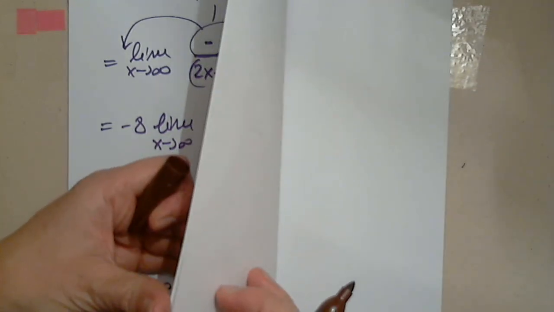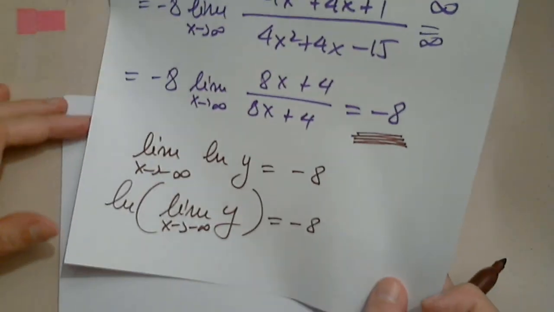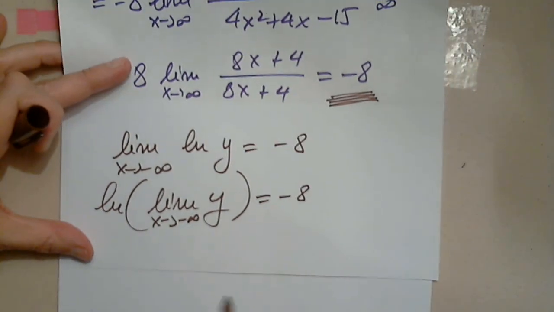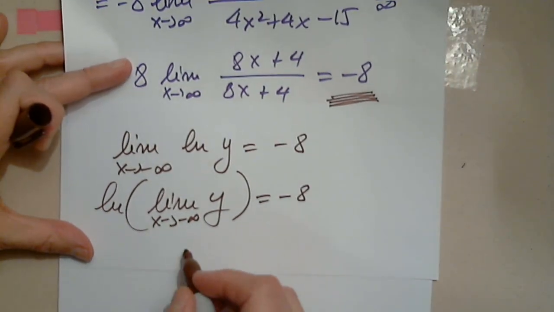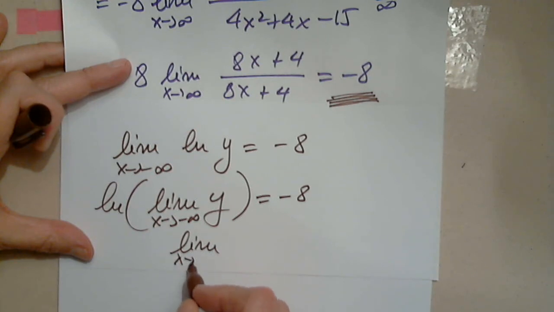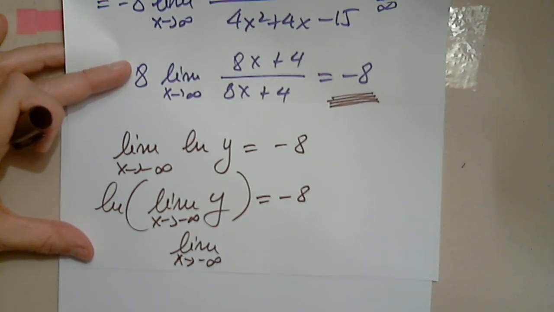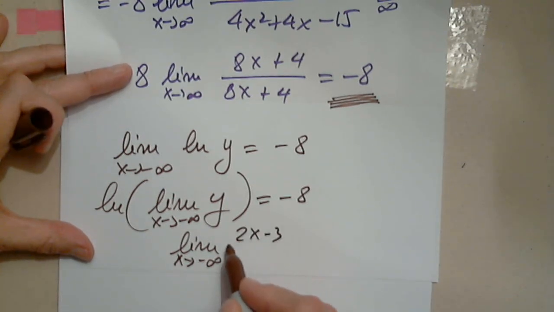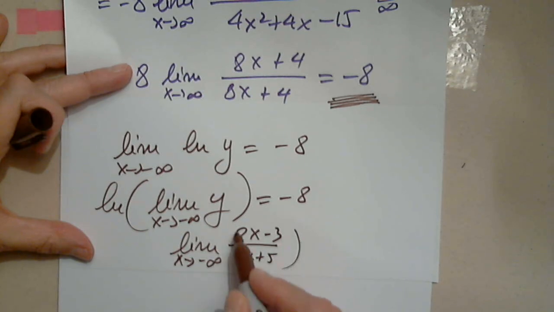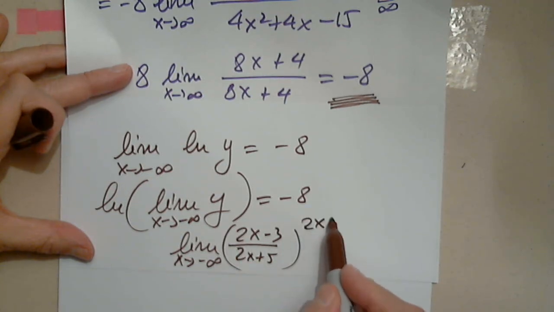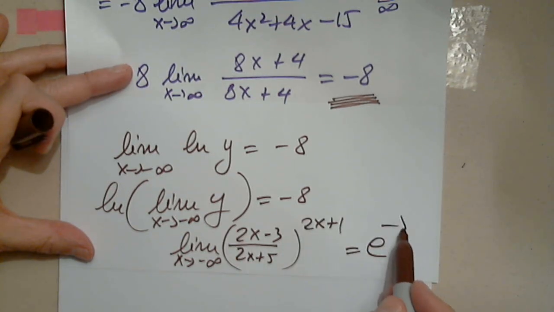And that's our final answer. So then this is e raised to negative 8. So limit as x approaches infinity, and the function was (2x minus 3 over 2x plus 5) to the power 2x plus 1, is e to negative 8.